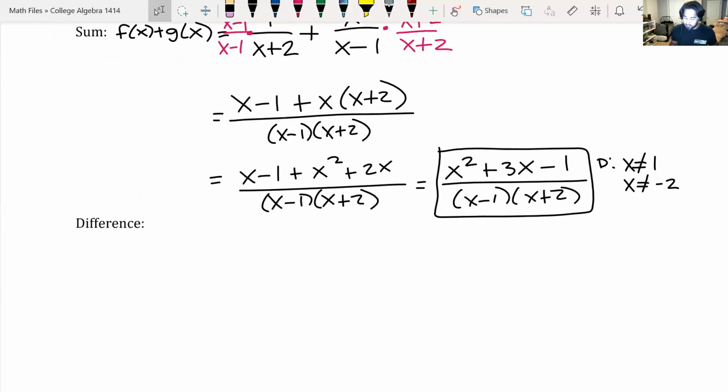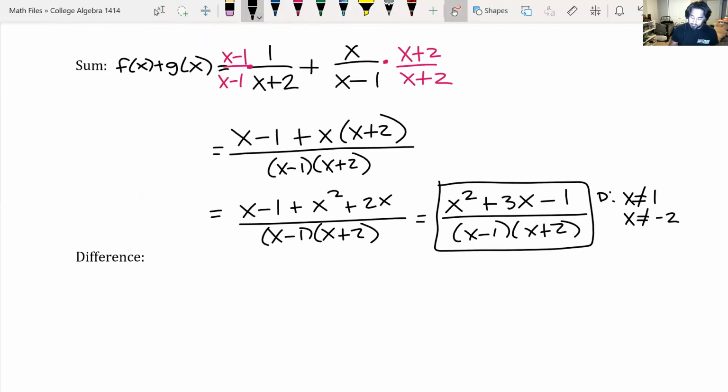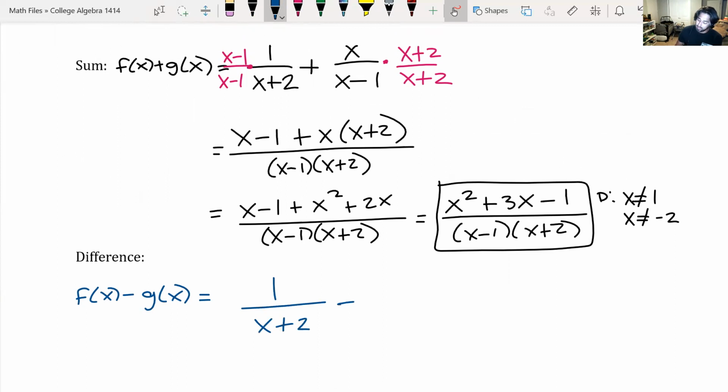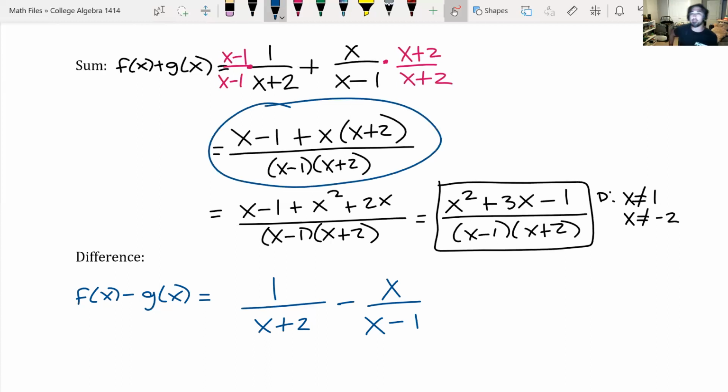Okay. So now this one wants the difference. So this one wants f of x minus g of x, which means, again, you'll do 1 over x plus 2. Now you'll do minus x over x minus 1. And since we did the common denominators above, it's going to be the same exact thing as this step in the sum version.